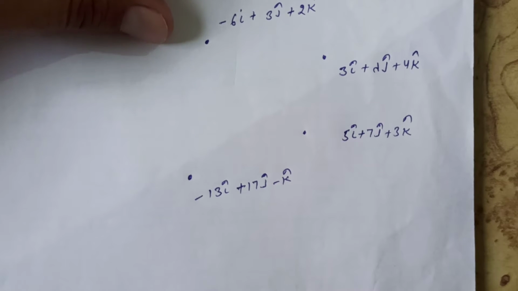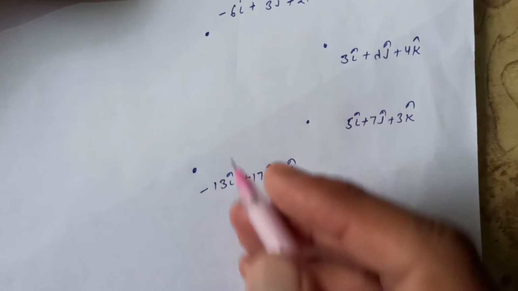Can I find the value of lambda such that these 4 points are coplanar?